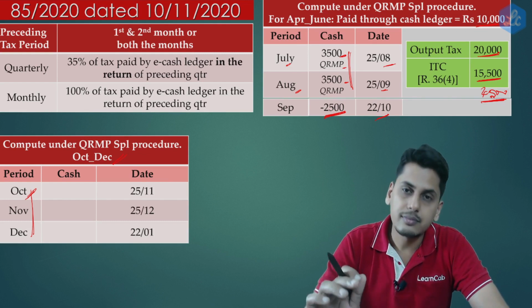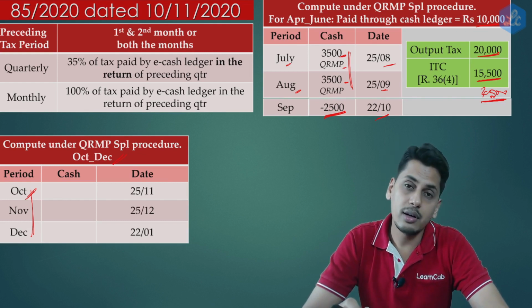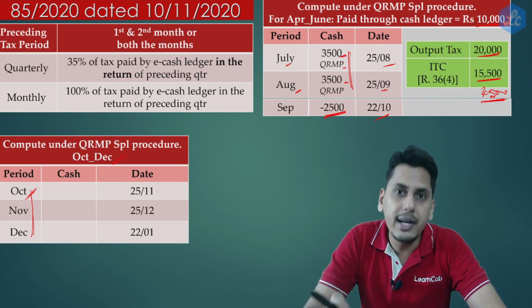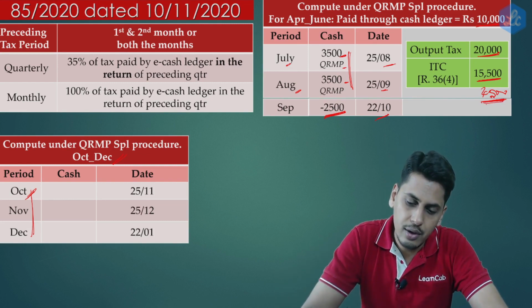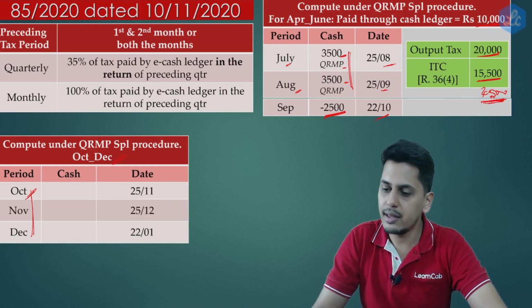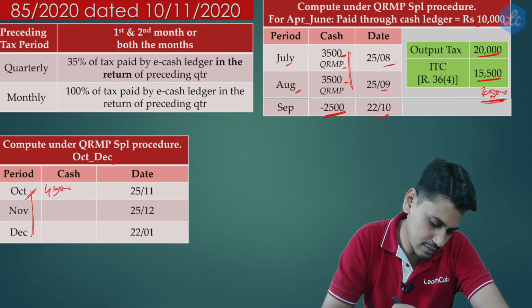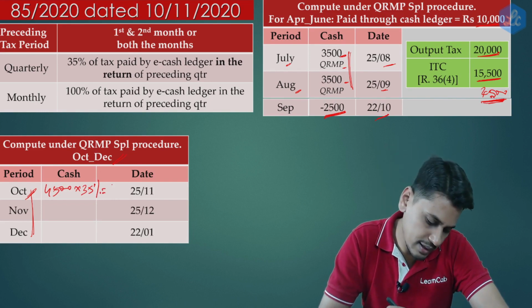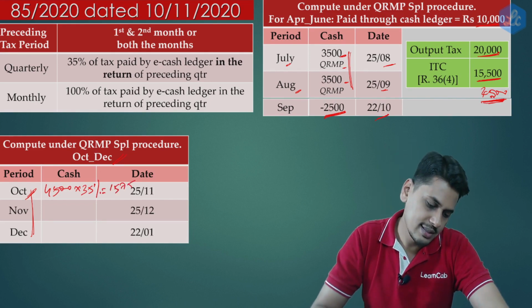So now friends, the total amount which is being paid by debiting the electronic cash ledger is only 4,500. So here we go, 4,500 multiplied by 35%, 1,575.